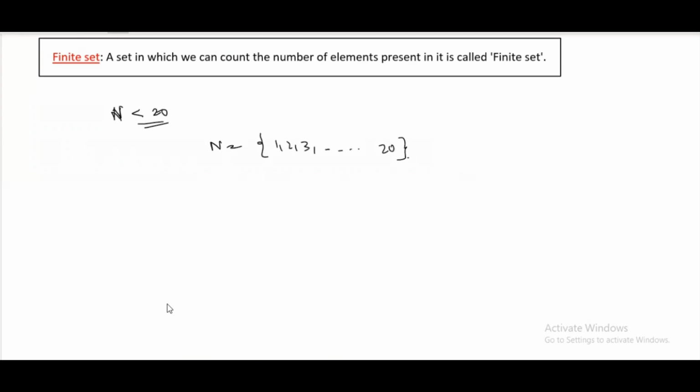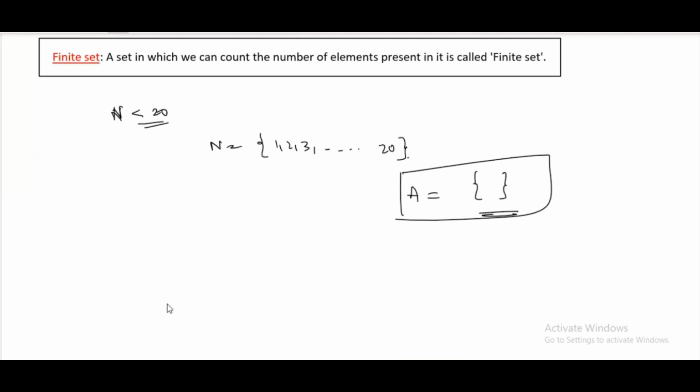A set in which we are able to tell how many elements are present is called a finite set. Generally, sets are denoted with flower brackets, and we write the name of the set with a capital alphabet.